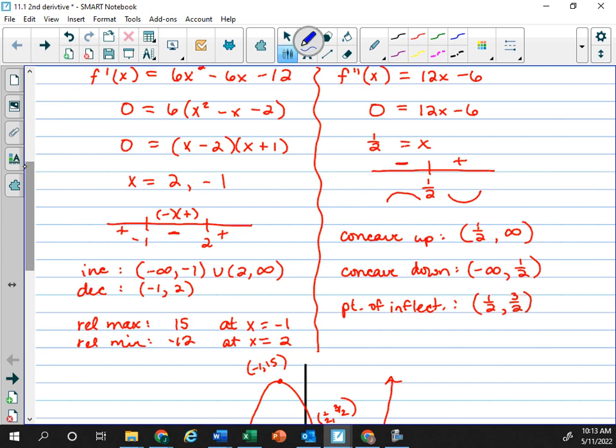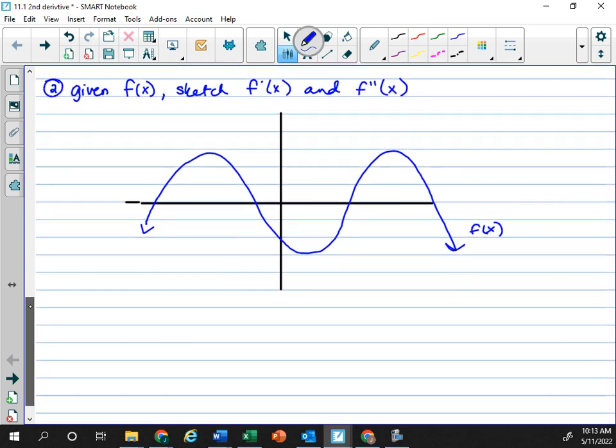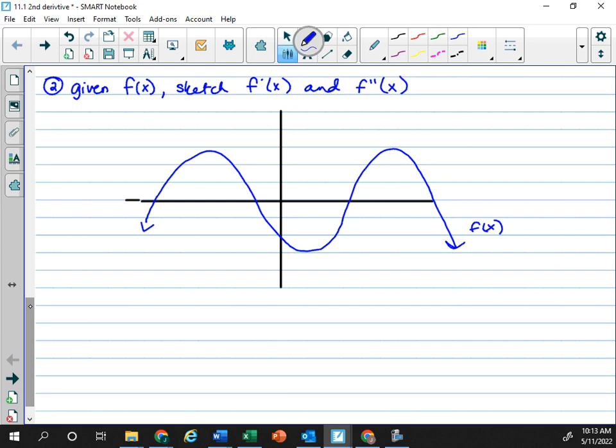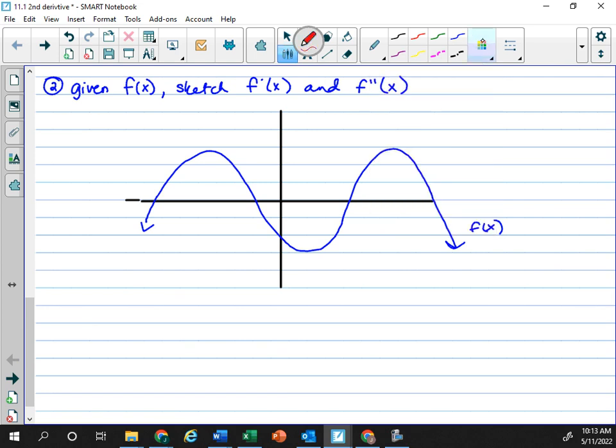You're not algebraically figuring this out. You are graphically figuring it out. These points matter for figuring out your first derivative. Okay?